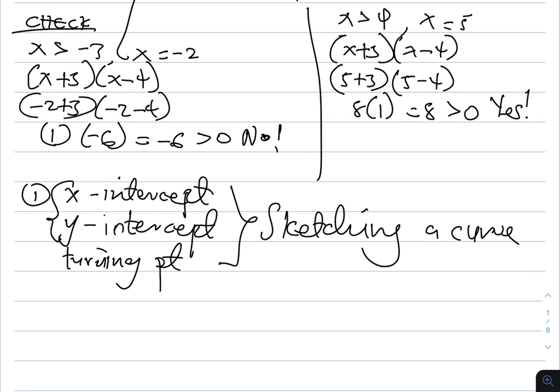So these two will be enough. But if you want to add the turning point, good for you. For the first question, I'm going to add a turning point, so maybe you want to sketch with a turning point. Then for the subsequent ones, I will just work with the x-intercept and y-intercept, and then I'm done. So let's see how that will go.